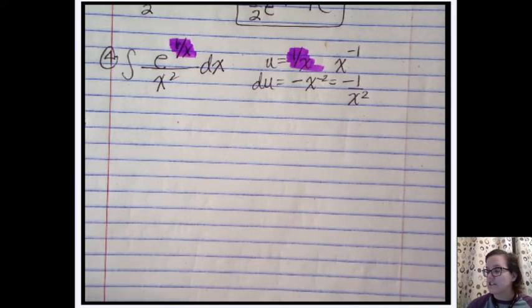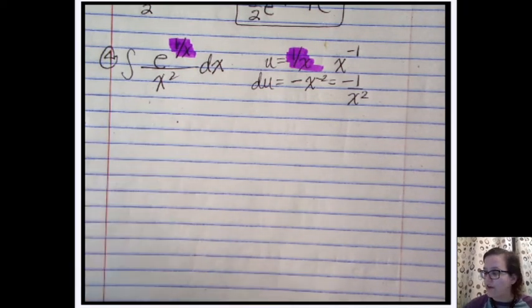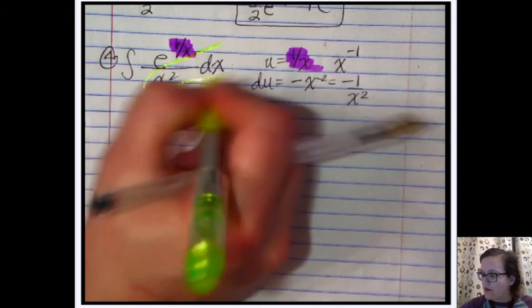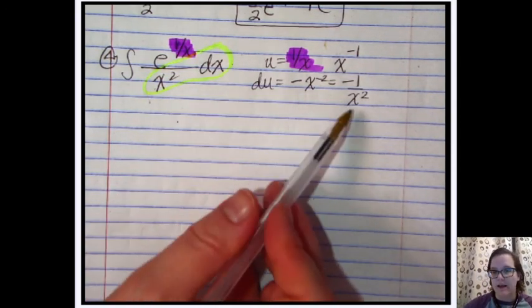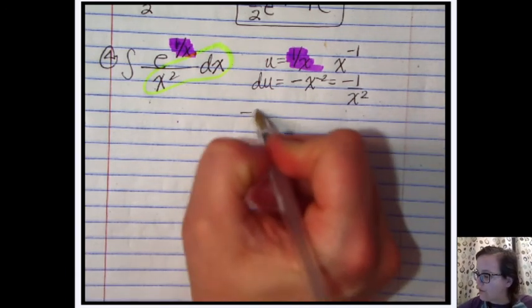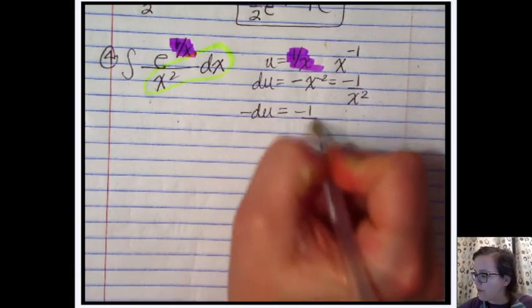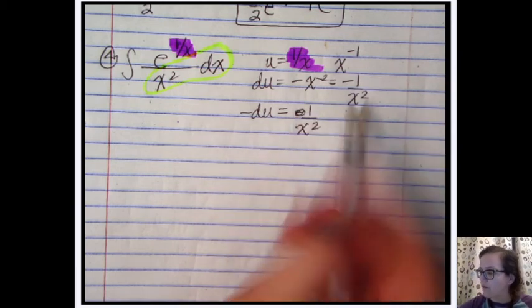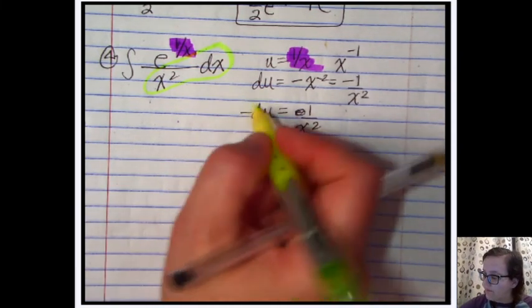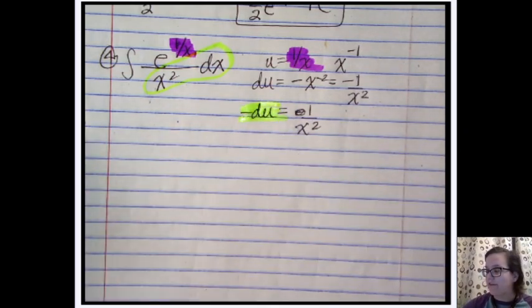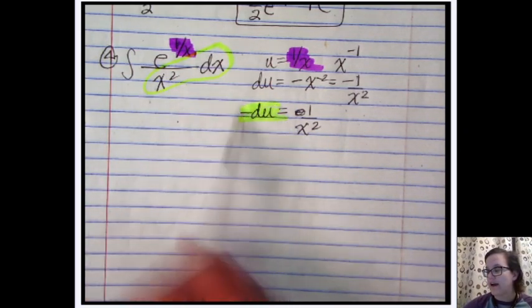Which actually is really good news, because what we need is a 1 over x squared, because the x squared is on the bottom. And that's what I have here, except for a negative. So negative du equals negative 1 over x squared, so 1 over x squared dx equals negative du if I divide by a negative. So it looked bad at first, but actually this is all taken care of here.